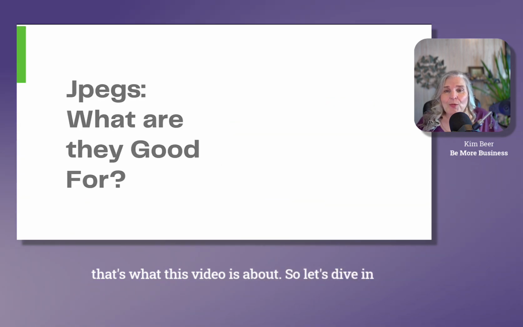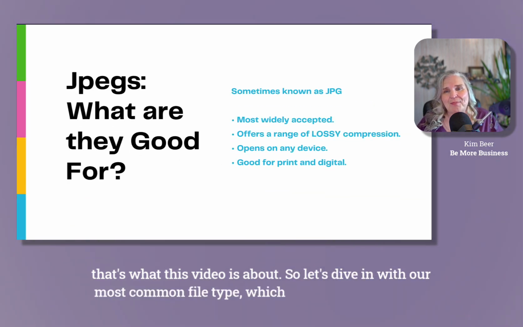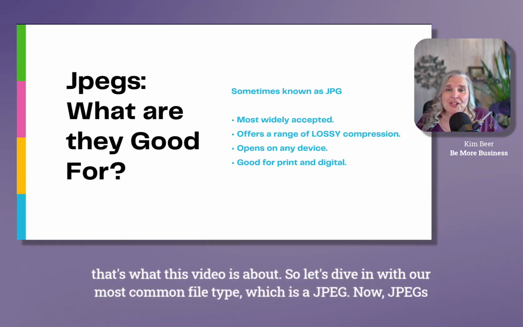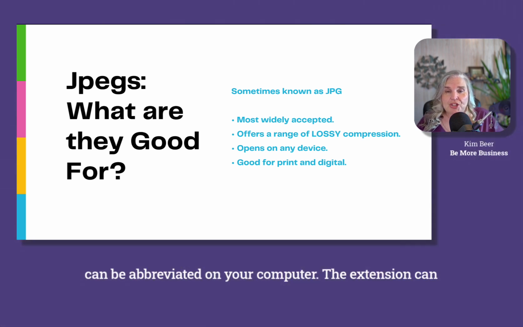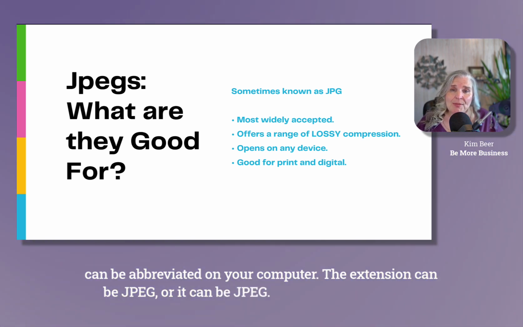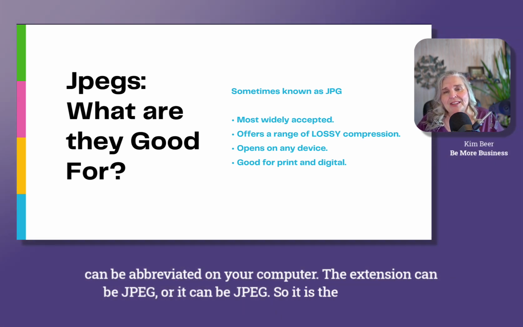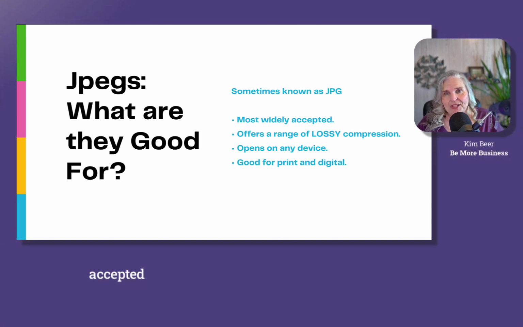So let's dive in with our most common file type, which is a JPEG. Now, JPEGs can be abbreviated on your computer. The extension can be JPG or it can be JPEG. It is the most widely accepted format that is out there.